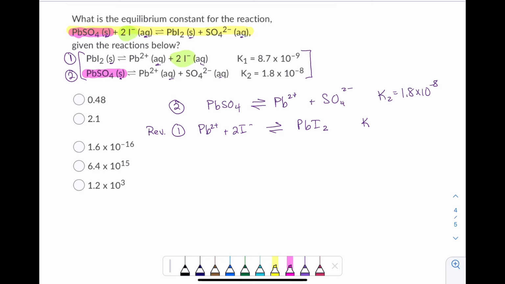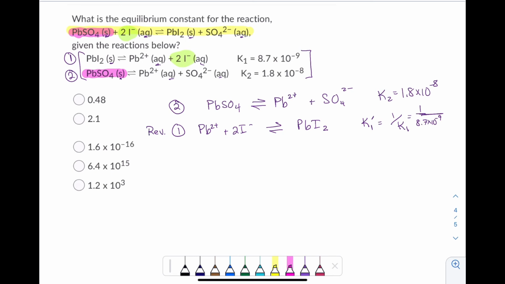If you reverse a reaction, the thermodynamic parameter becomes the negative of it, or the opposite sign. For an equilibrium constant, the new equilibrium constant is 1 over the old equilibrium constant, or 1 divided by 8.7 times 10 to the minus 9. So that's the new equilibrium constant for the reversed reaction 1.